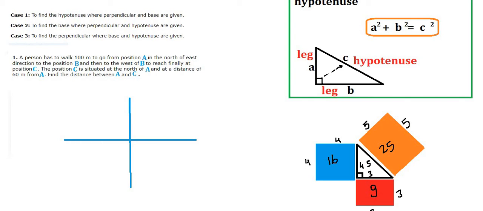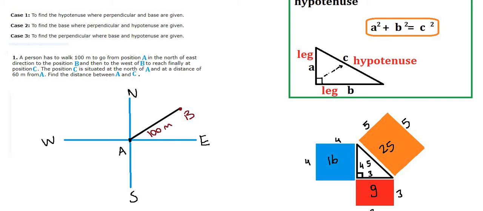So we have to write the directions. Above is always north, below is south. Right side of north is always east, and left side of north is always west. Now the person is starting from point A. Let the origin be point A, and walking in the direction of northeast, walking up to point B. So this is point B, and he's walking 100 meters in this direction.